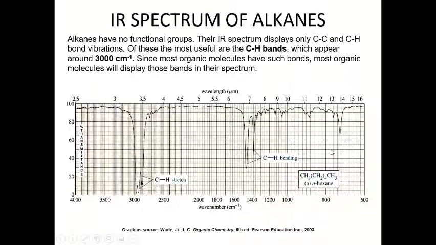Specifically, alkanes have no functional groups, right? So when analyzing the spectrum of an alkane, the IR spectrum displays only CC and CH bonds, right? Of these, the most useful are the CH bonds that will appear around 3000 inverse centimeters. Most organic molecules will display those bonds in their spectrum.